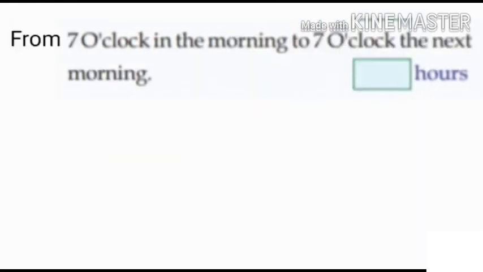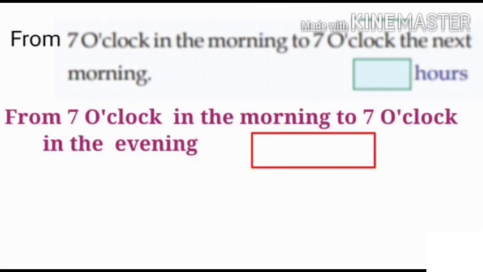Okay, next we have to find out how many hours are there from 7 o'clock in the morning to 7 o'clock in the next morning. Children, we already learned there are 12 hours from 6 o'clock in the morning to 6 o'clock in the evening. So, how many hours are there from 7 o'clock in the morning to 7 o'clock in the evening?